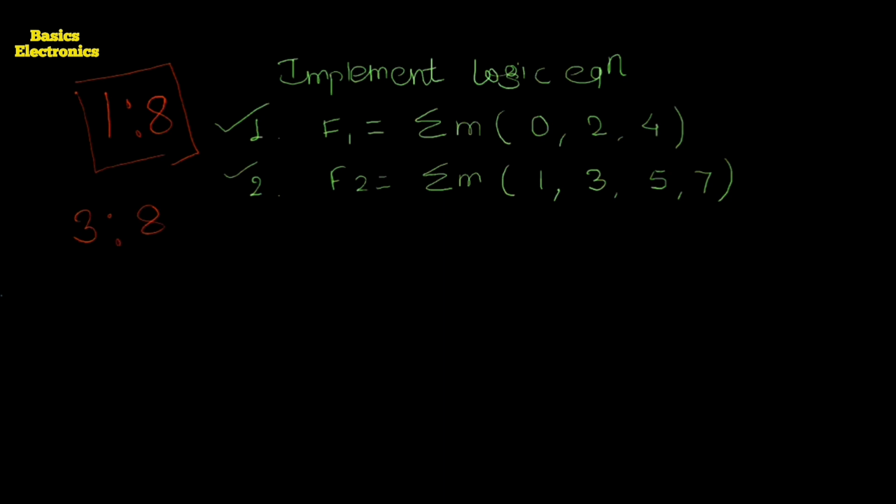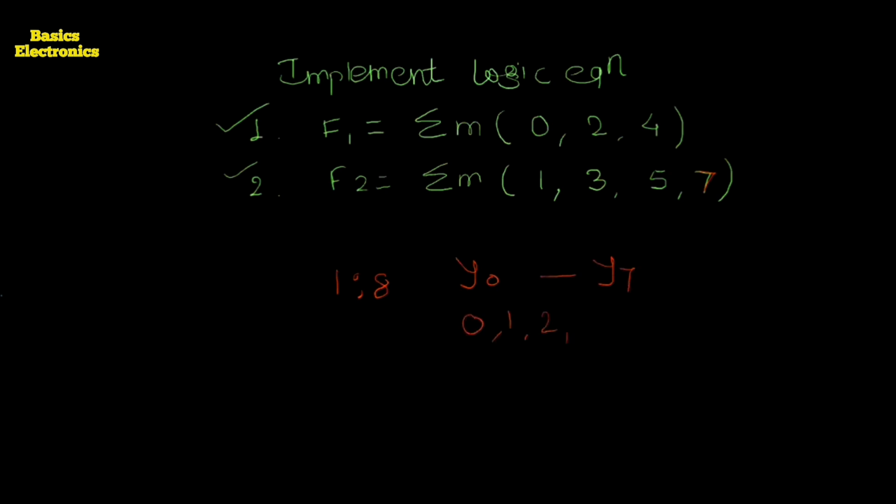We are using it because here the highest digit is 7, and in the 1-line to 8-line demultiplexer there are the lines from Y0 to Y7, meaning 0, 1, 2, 3, 4, 5, 6, and the last one is 7. From that, for F1 we require to connect 0, 2, 4, and 1, 3, 5, 7 for the second one.